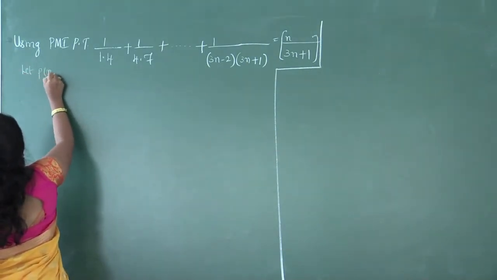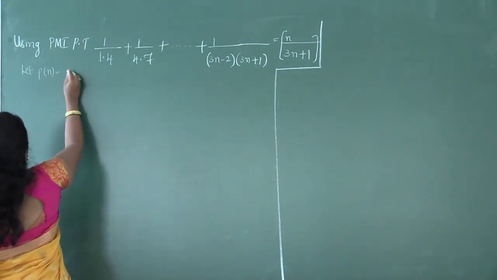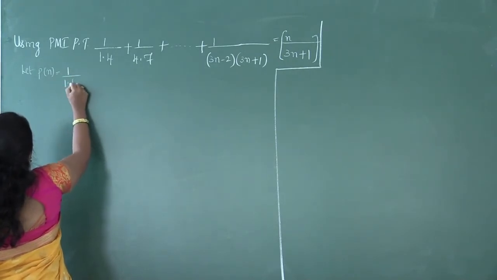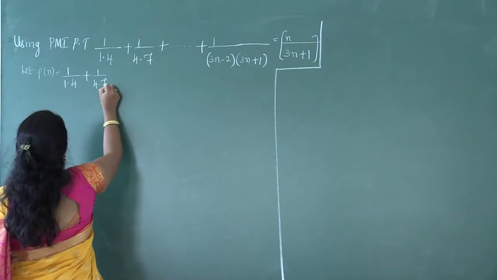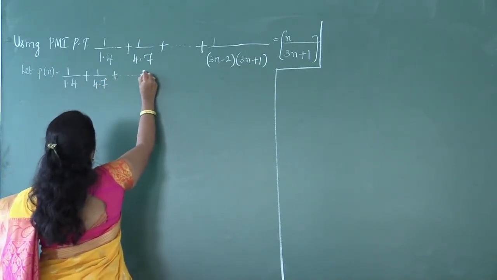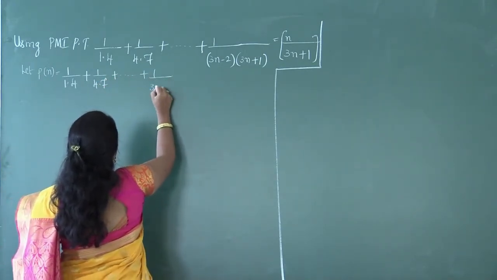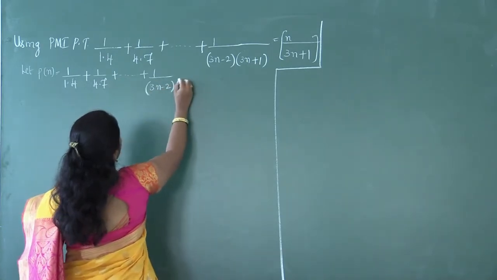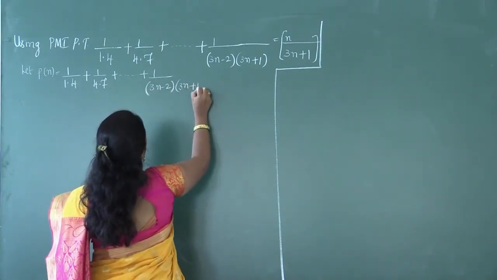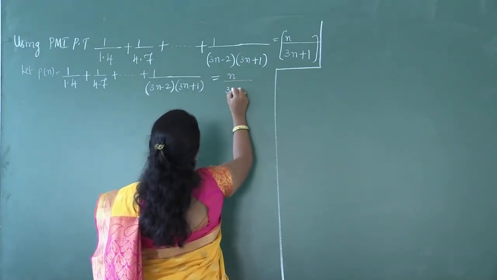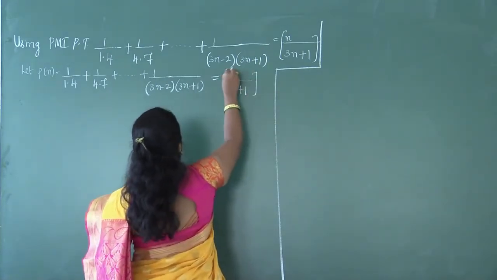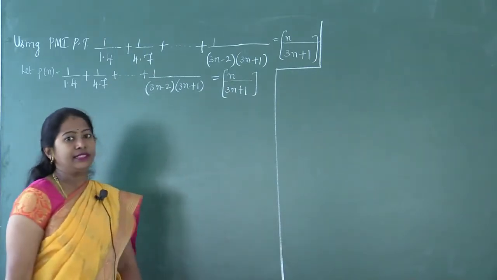So let P of n be equal to 1 divided by 1 into 4 plus 1 divided by 4 into 7 plus etc., 1 divided by 3n minus 2 into 3n plus 1, equal to n divided by 3n plus 1. This is the first step.